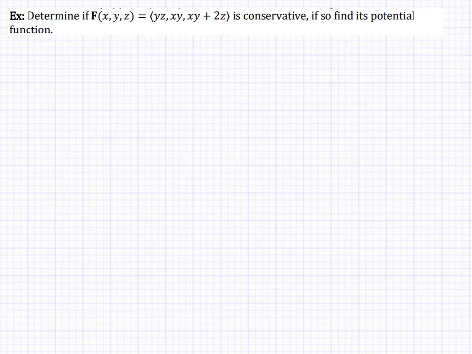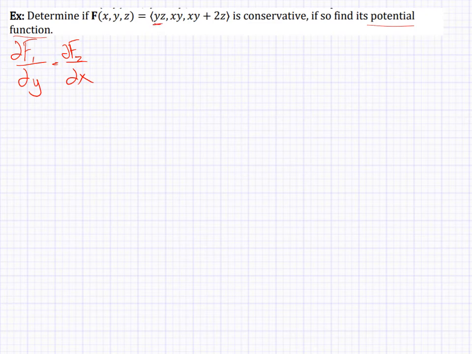Okay, here's another one. Let's determine if this three-dimensional vector field is conservative, and if it is, let's find the potential function. So first, does it satisfy the cross partials? f1 with respect to y has to equal f2 with respect to x, right?